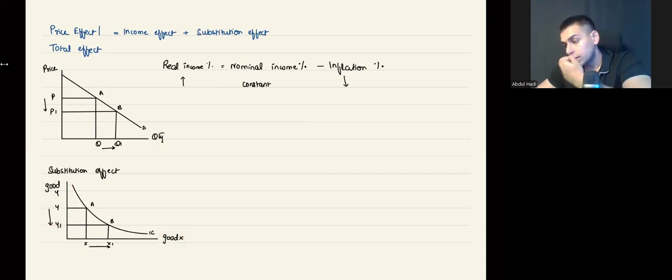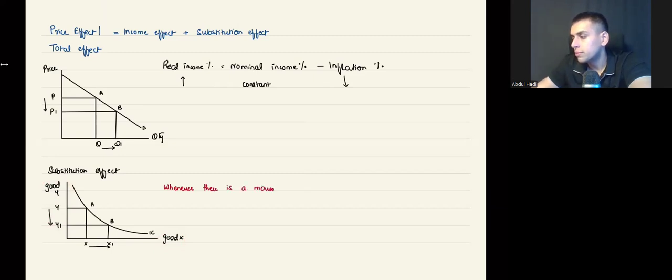So what you need to understand is, whenever there is a movement along the indifference curve, you will get your substitution effect.